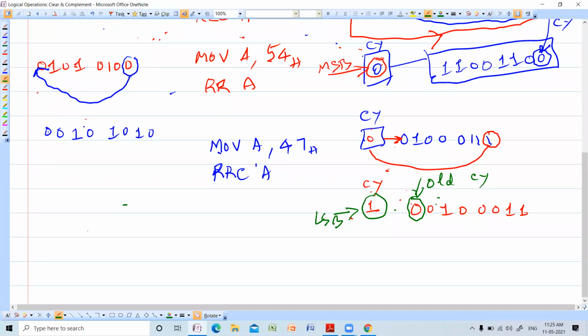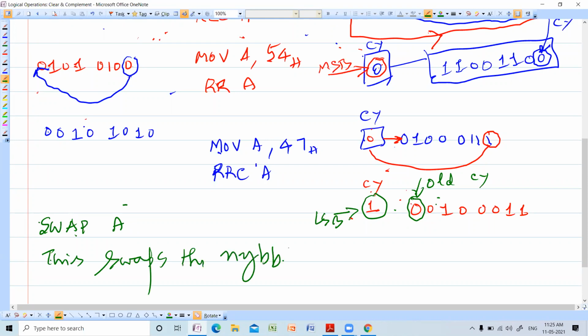The last instruction is SWAP A. This swaps the nibbles of the accumulator.